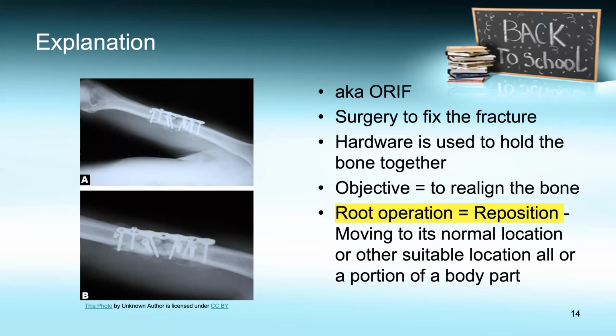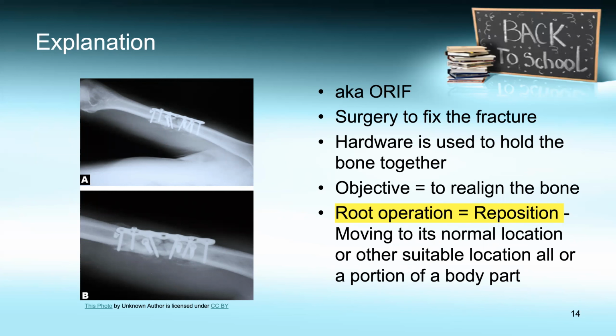Because again, what is the objective? A lot of times students read placement of a Foley catheter and think, oh, it must be insertion, because all they're doing is placing a catheter. So it must be insertion, right? But what's the purpose? What's the objective? Why are they putting in a Foley catheter? That's what you need to look at. What is the objective of the procedure?